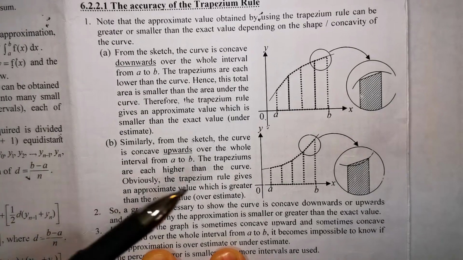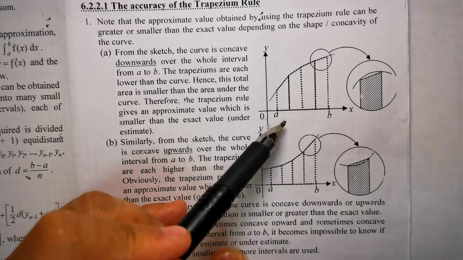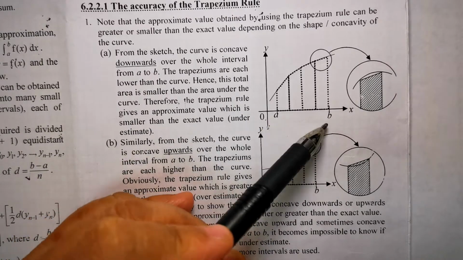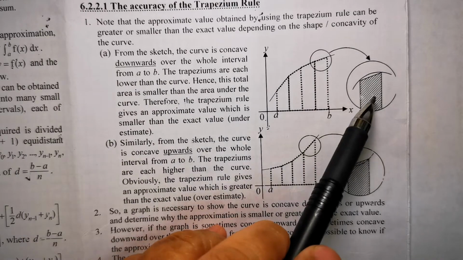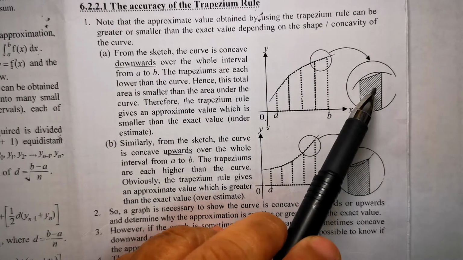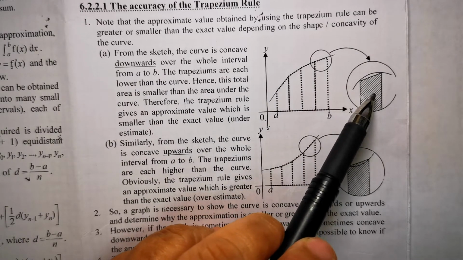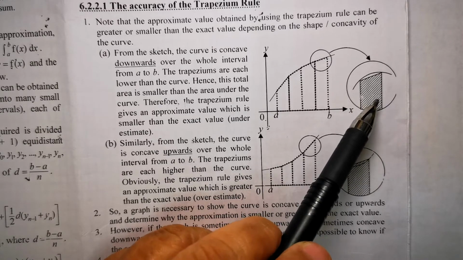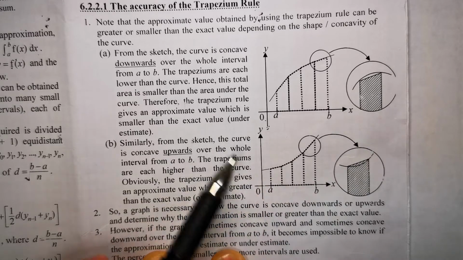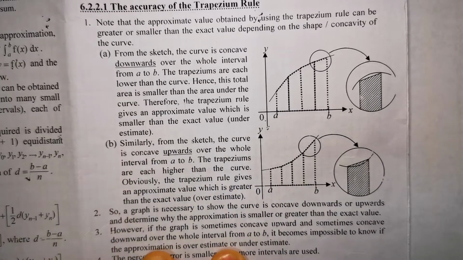Make it very clear: if the curve throughout the domain is concave downwards, the trapeziums drawn are lower than the curve, so their area is smaller than the actual area. Then we call this an underestimate.